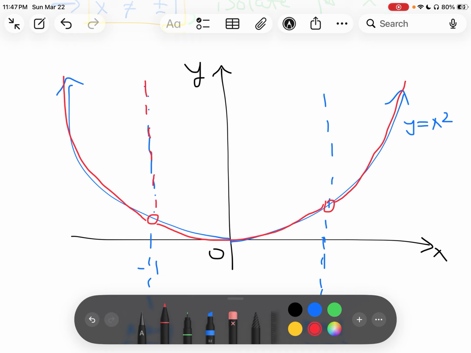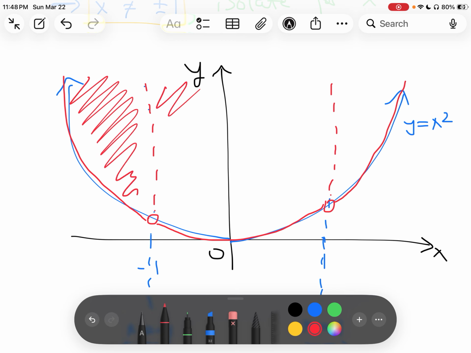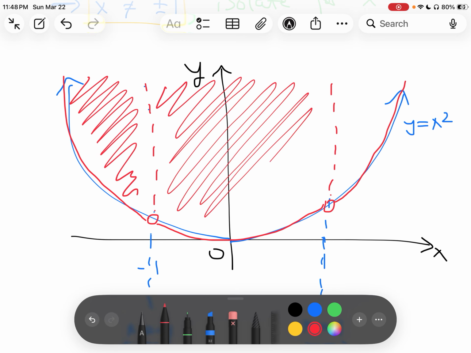I'm going to erase this just so that it's not so confusing. I'm going to rewrite it in the red dots. So it cannot equal this line. That dotted line just means that it cannot equal that, and it has to be greater than that. So pretty much it's just this shaded region here.